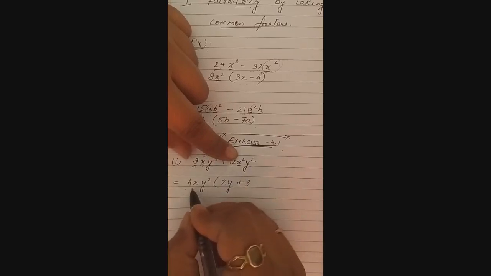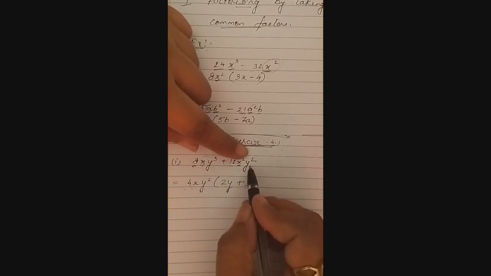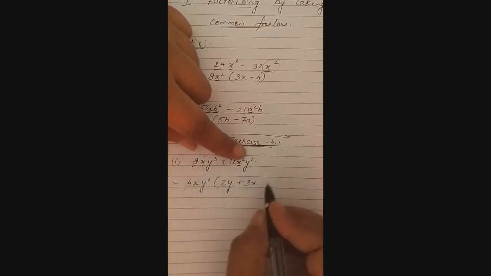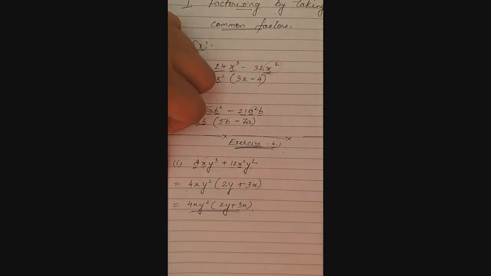X we have taken common. What is left? X. Here it is y square. Y square we have taken common. So nothing is left. Okay. So we'll take this 4xy square into 2y plus 3x. So these are the factors of the given expression.